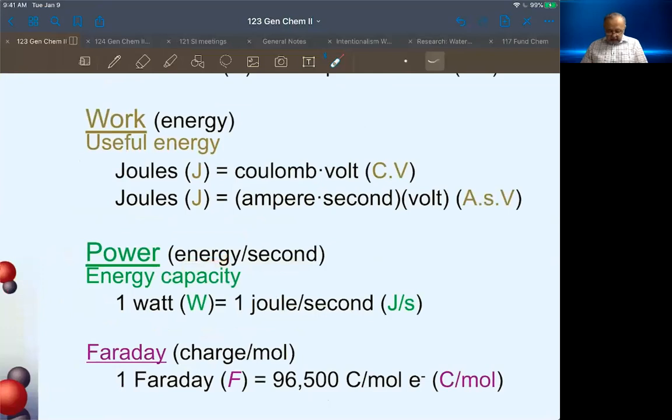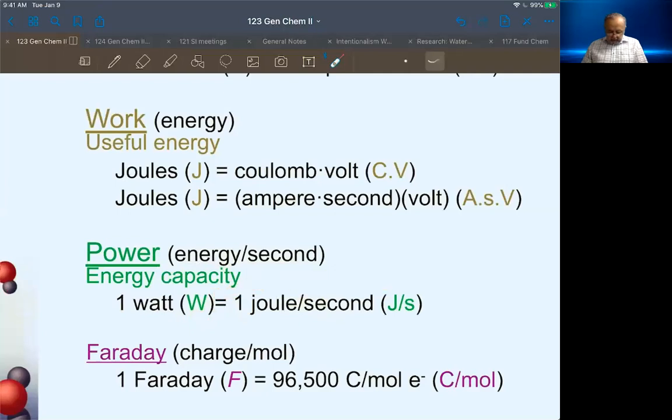And that is called a watt. Watt comes from the last name of a person, and the symbol is W. Again, 1 watt represents 1 joule per second. So this is an equality here: 1 watt is 1 joule per second.